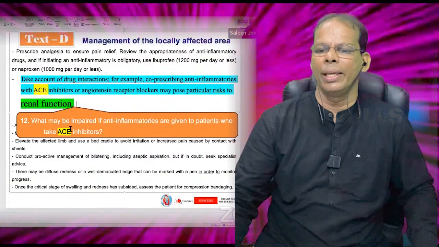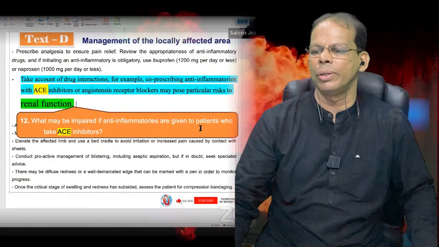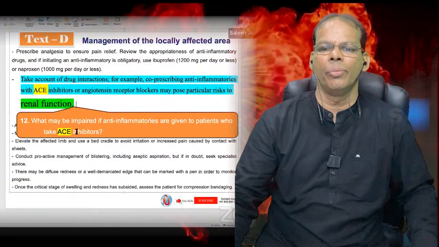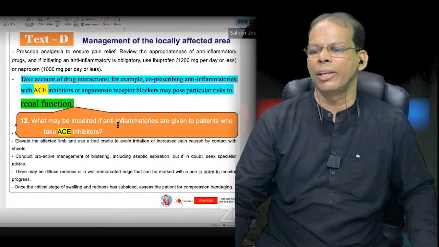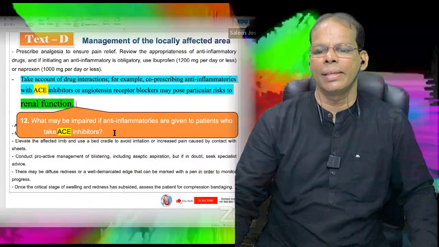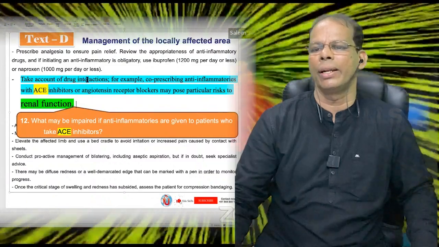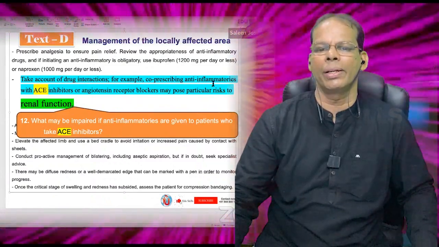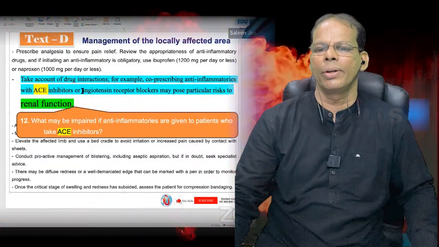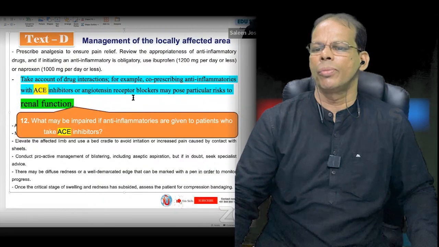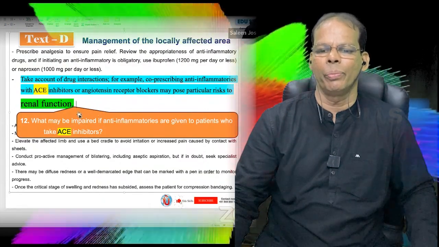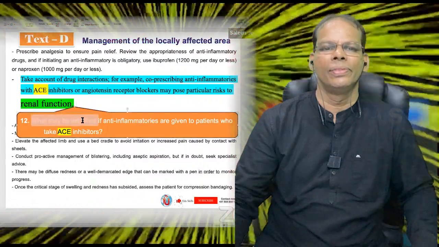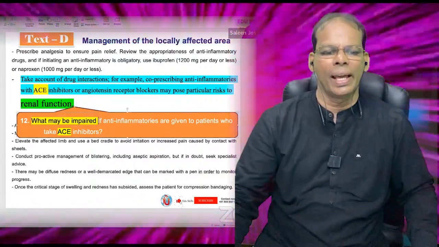Take account of drug interactions. So interactions is a clue there. For example, co-prescribing anti-inflammatories with ACE inhibitors or angiotensin receptor blockers may pose particular risk to renal function. What may be impaired? Renal function. Direct answer, right?